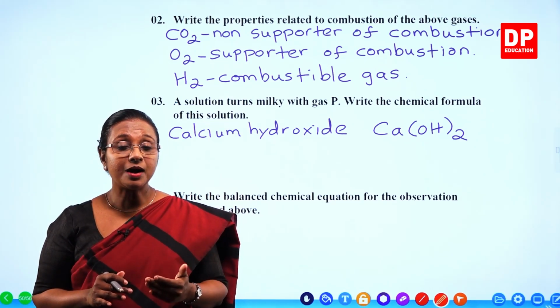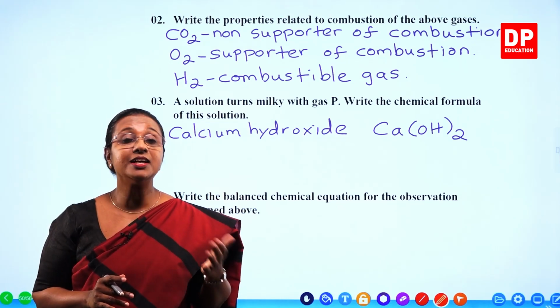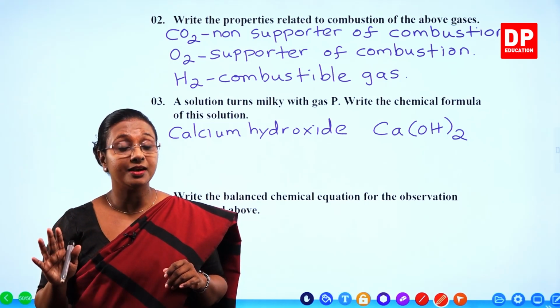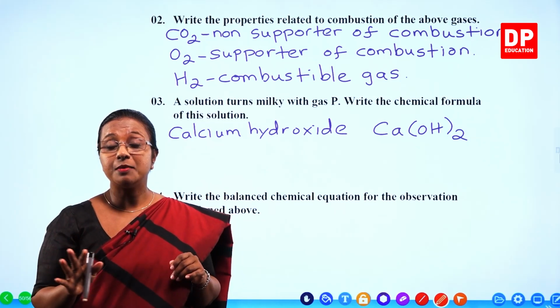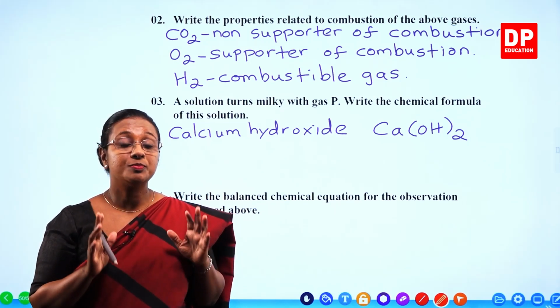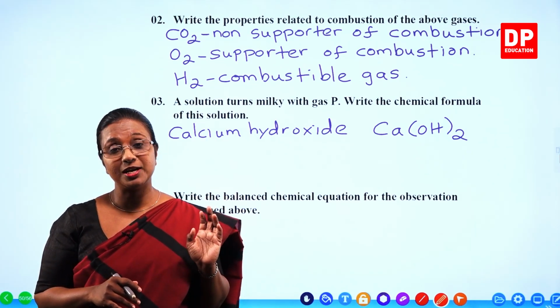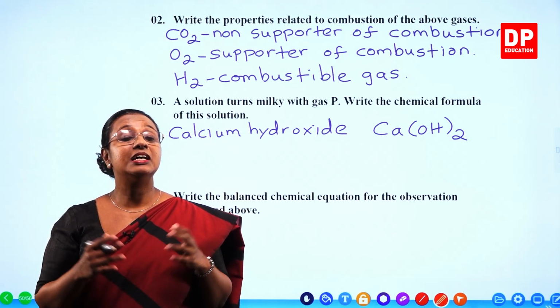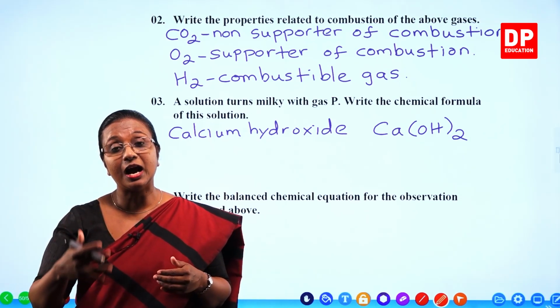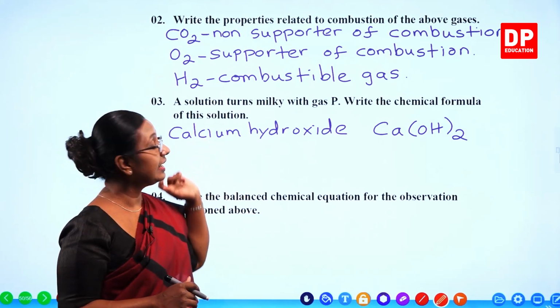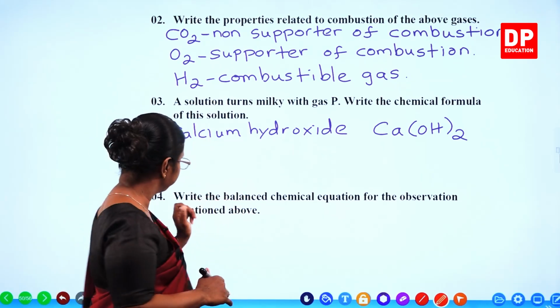Then calcium carbonate, water and carbon dioxide react and form calcium bicarbonate. Calcium bicarbonate is soluble in water. So after some time, when you continuously bubble carbon dioxide, the milky color is lost. The solution becomes colorless again.